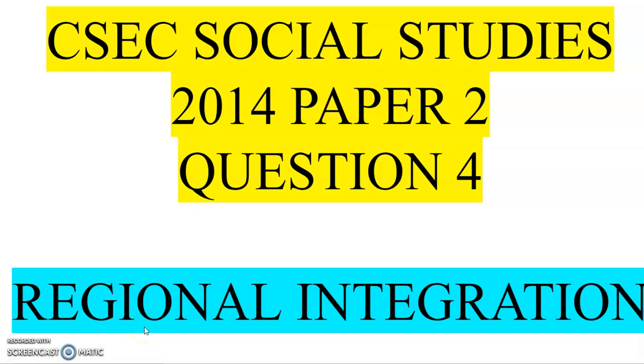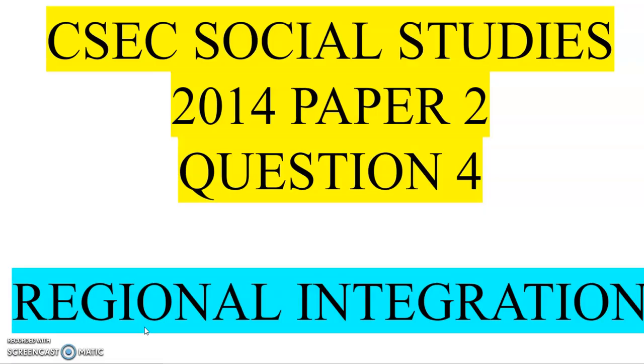Today we are looking at the CXC Social Studies 2014 paper 2 questions. Specifically, we will be looking at question 4, the topic regional integration. I know that regional integration is a challenging topic for students sitting their social studies examination.